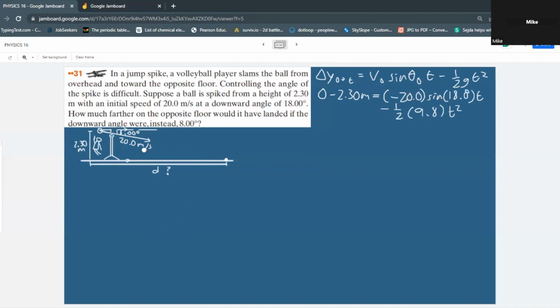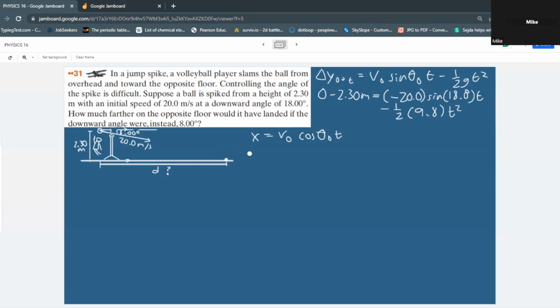Okay, so 2.30. Ano ba yung x as a function of time? So sulat lang natin. x is equal to v naught cosine theta times t.